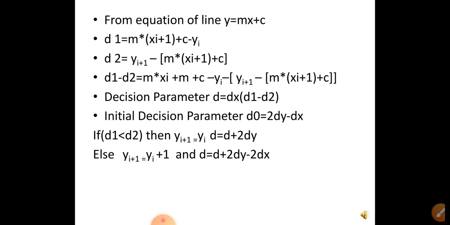The next y value will be the current y value incremented by 1, that is yi plus 1. This is the simplest way you can remember. If the decision parameter is less than 0, no need to increment y. If the decision parameter is greater than 0, increment the y value by 1.